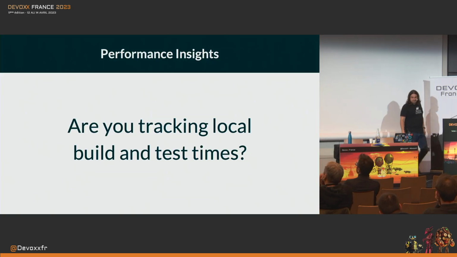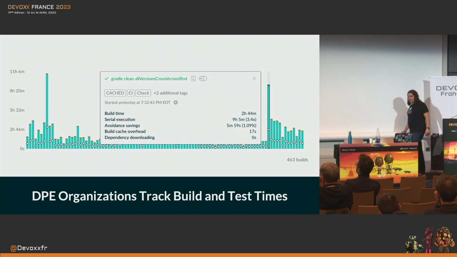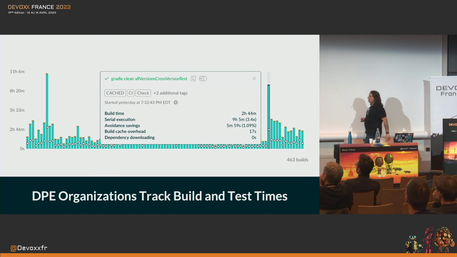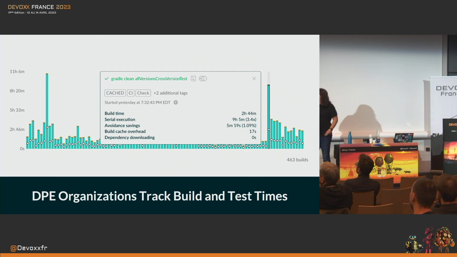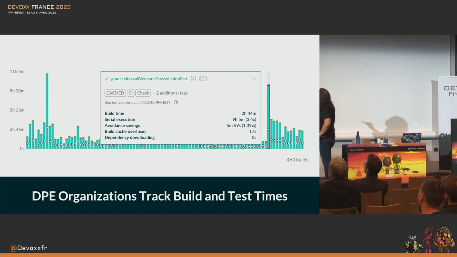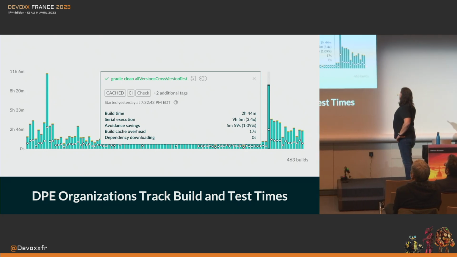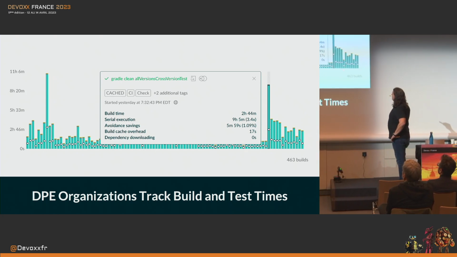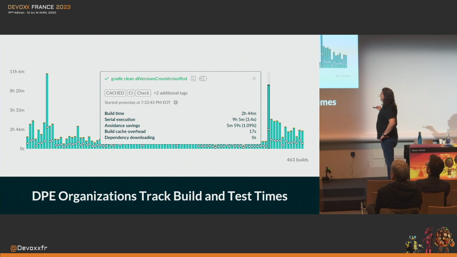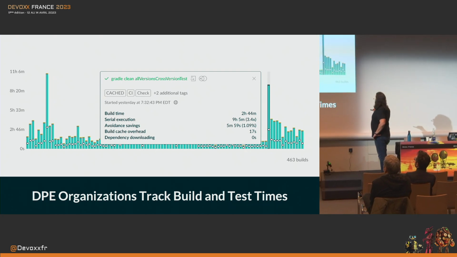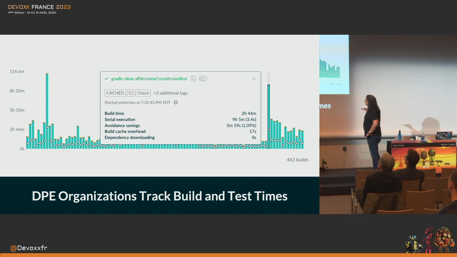Because of this question. So DPE organizations, they do this. Right here, what you're looking at a representation of is all the builds. In this case, was the Gradle build tool. Either way, you can see every single build, that's what these bars are representative of, that took place over this period of time.